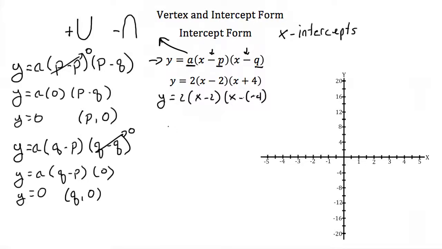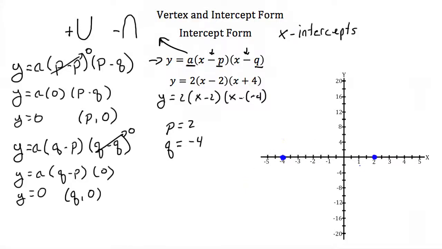So that means my p is equal to 2 and my q would be equal to a negative 4. So that gives us the x-intercepts of (2, 0) and (-4, 0).